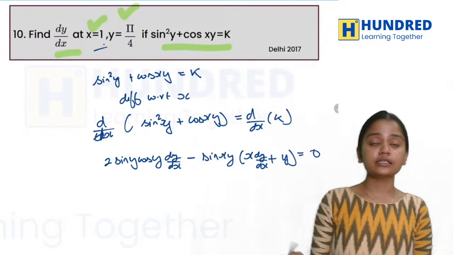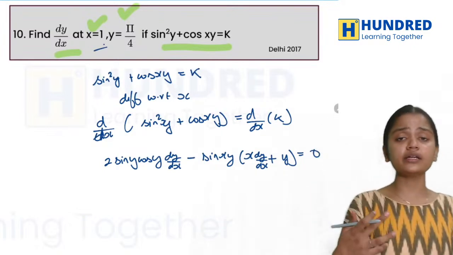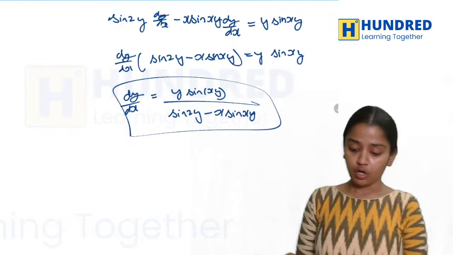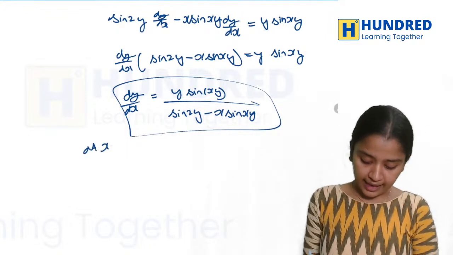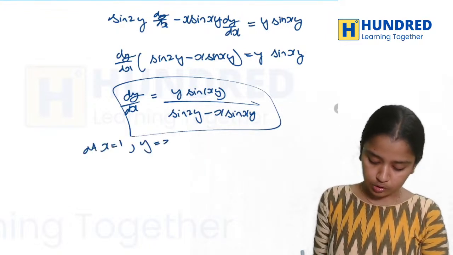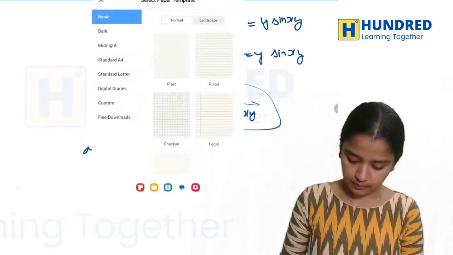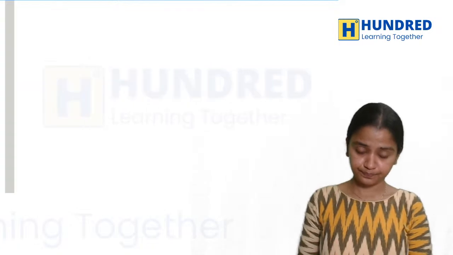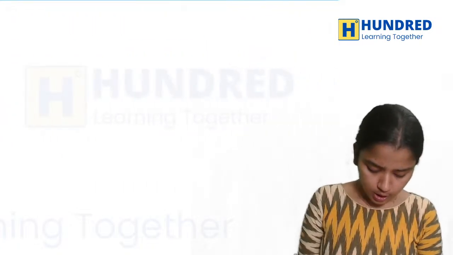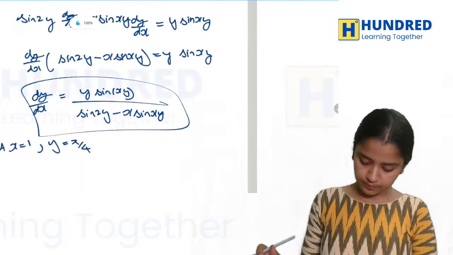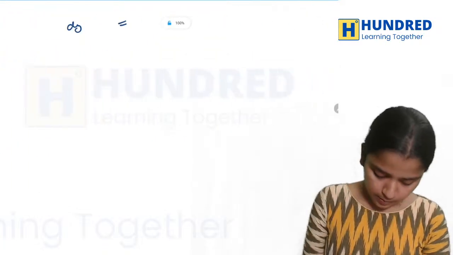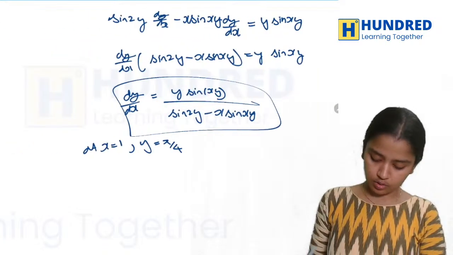But the question is at x equal to 1 and y equal to pi by 4. Okay? So at x is equal to 1 and y is equal to pi by 4 is my question. Okay? Now if I go further, dy by dx will be equal to what?